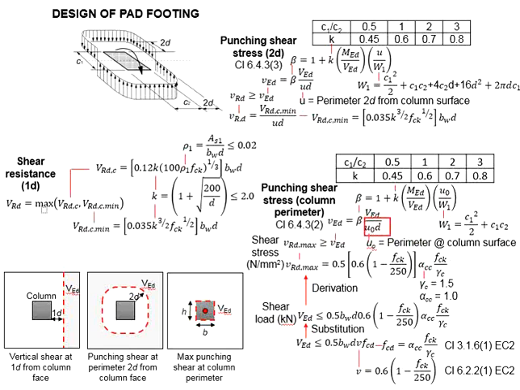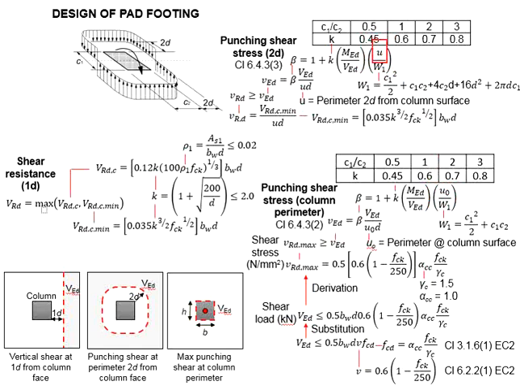multiplied by the effective depth. Other than that, we will need to take into consideration the influence of the moment. This is represented by a factor of beta. The equation for the factor beta is similar, except that the perimeter and W1 differ.